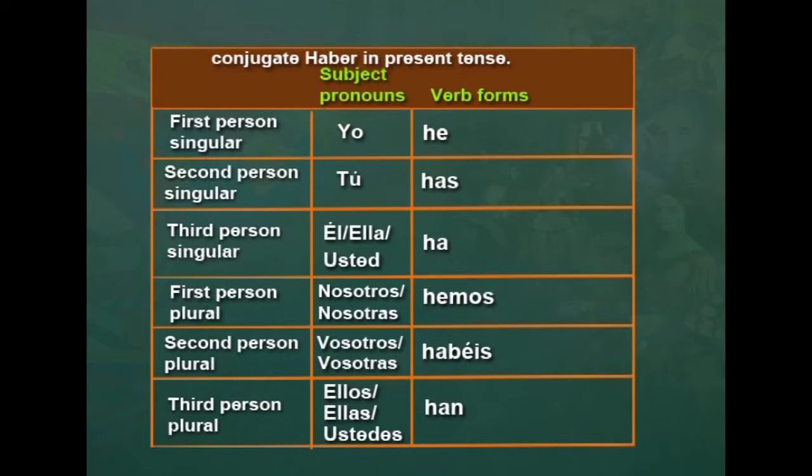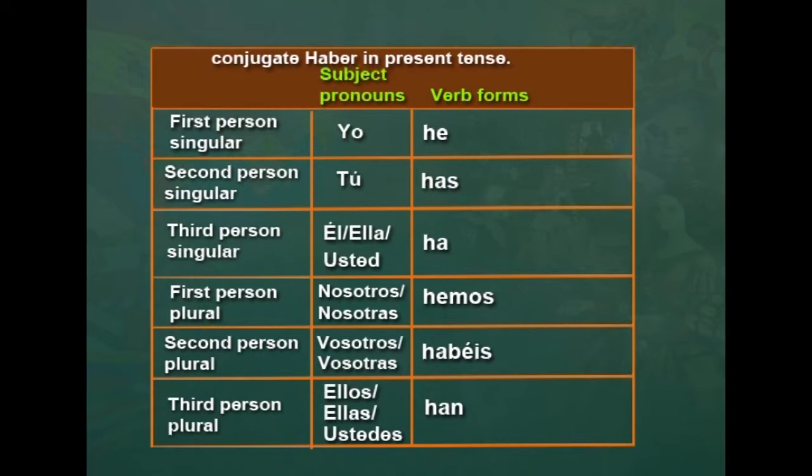Let us conjugate haber in present tense, that is yo he, tú has, él ha, ella ha, usted ha, nosotros hemos, vosotros habéis, ellos han, ellas han, ustedes han.